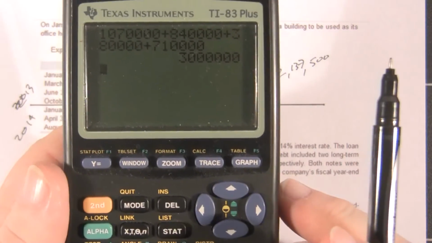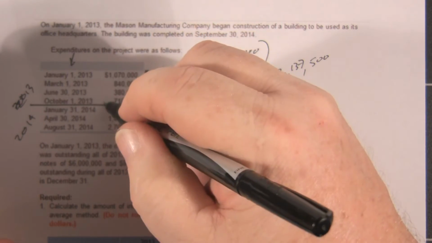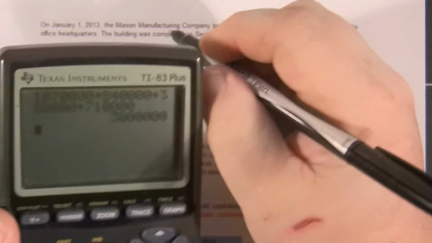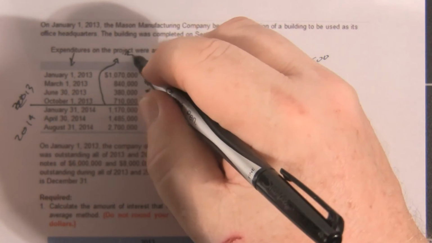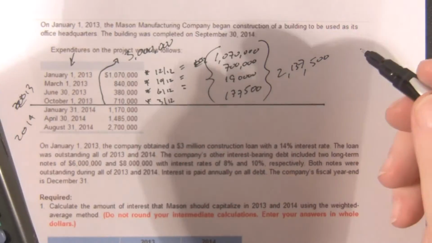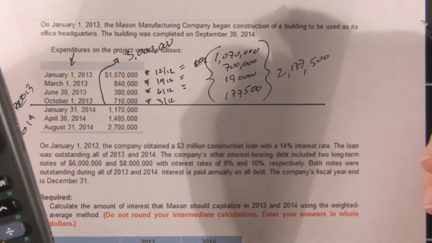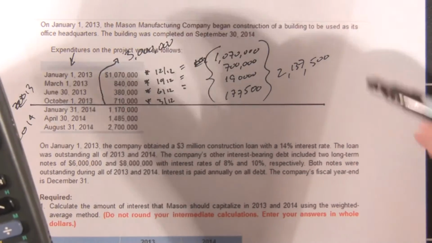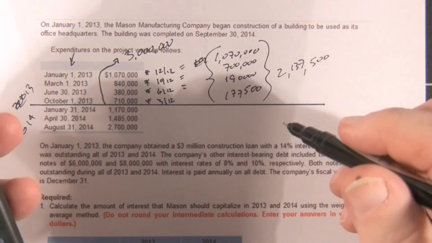So my total expenditures, if I add these up, comes to 3 million. So that's our accumulated expenditures for the first year, and we'll do the same thing for the second year.